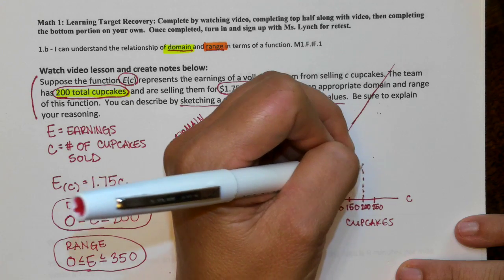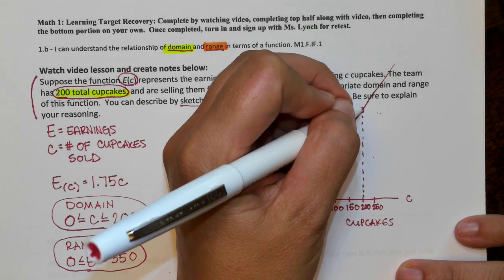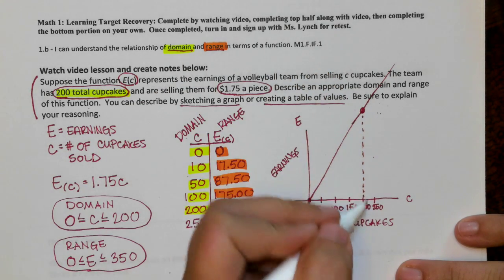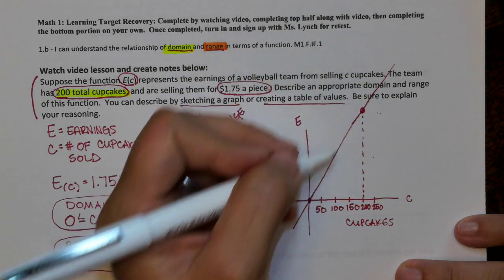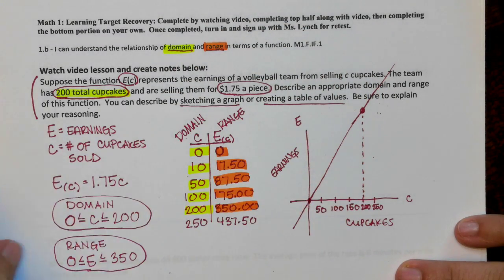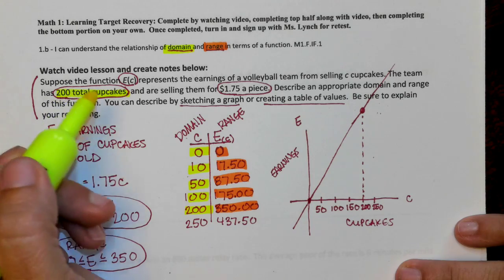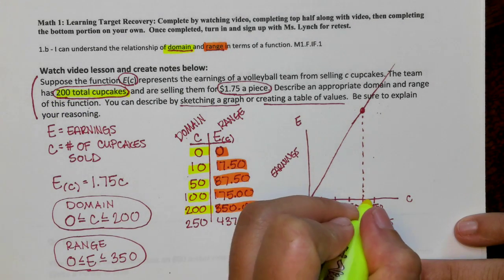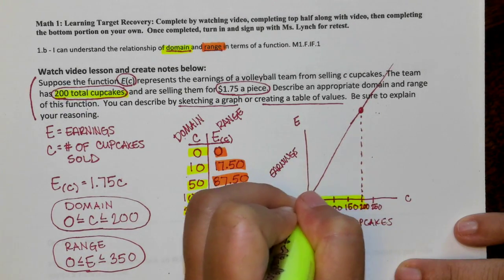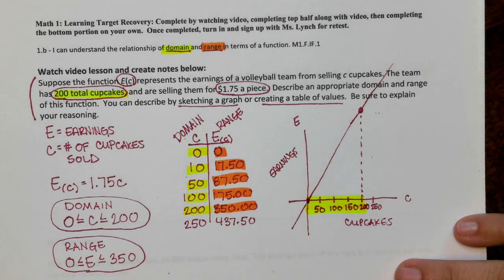This point right here is where the reasonable domain stops because the math or the graph line is going to continue, but we know that we only have 200 total cupcakes. So we know that our domain only goes from here to here. Okay, there's your domain.